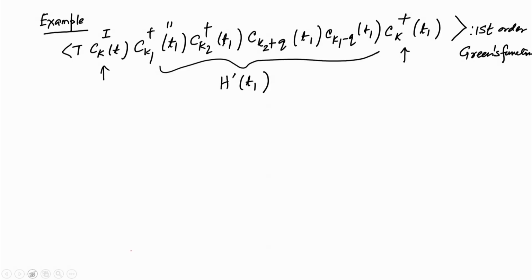Let me write in a different color, so that this is 1, this is 2, this is 3, this is 4, this is 5, and this is 6. So, what are the combinations allowed?